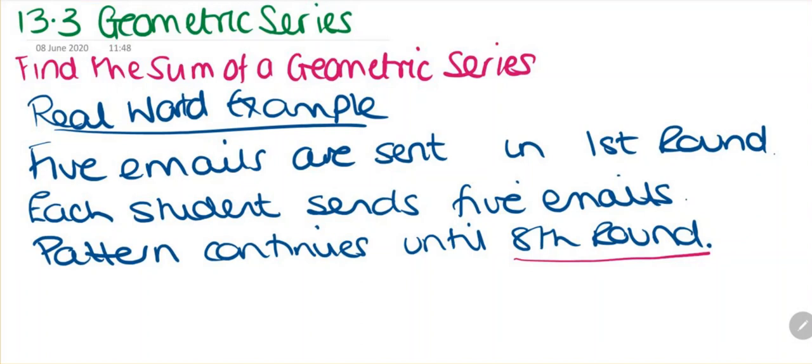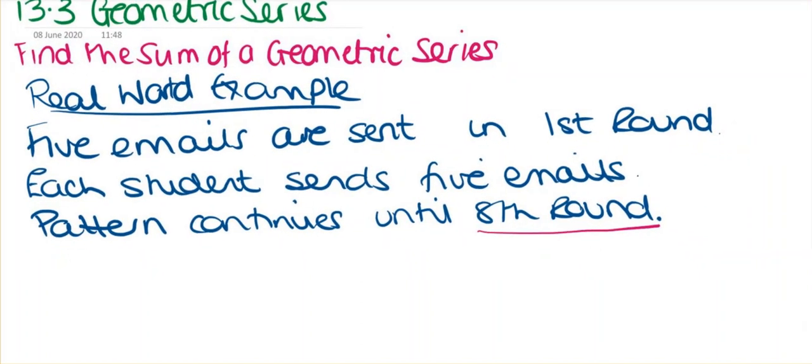So to do this, we're going to use the sum formula. So there are 2 formulas. The first one, if we know the first term and the number of terms, we're going to use this formula.